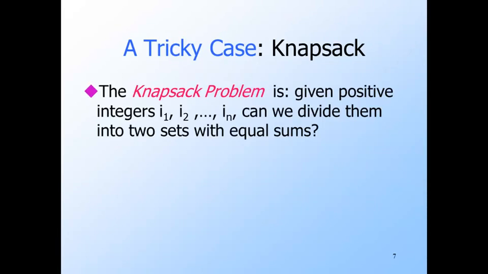The problem called knapsack is this. We're given a list of n positive integers. The answer to this instance of knapsack is yes, if and only if we can partition the integers into two groups whose sums are equal.